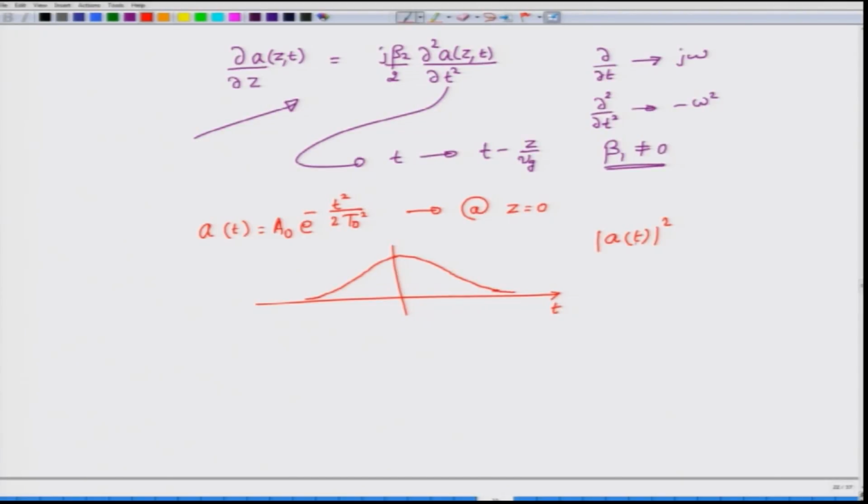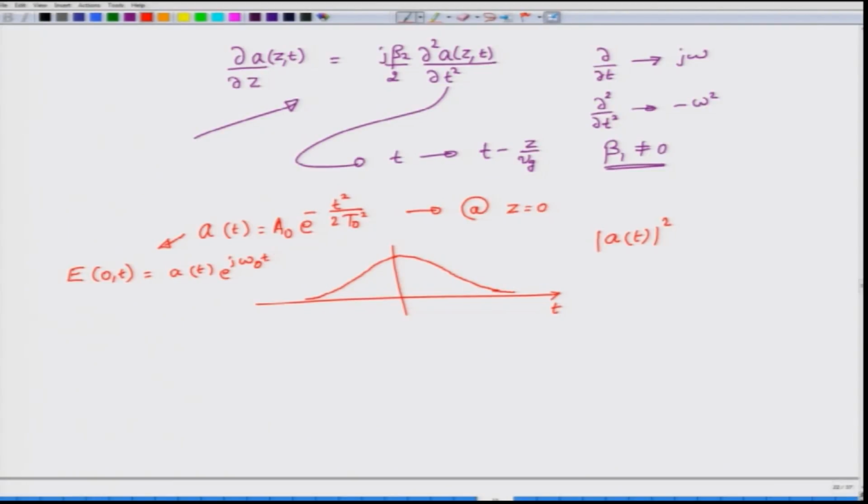Okay. What is the significance of magnitude square? Well, what is the significance of a of t itself? The electric field itself at z equal to 0 will be given by a of t, which is the input pulse that you have launched, times e power j omega 0 t, correct.